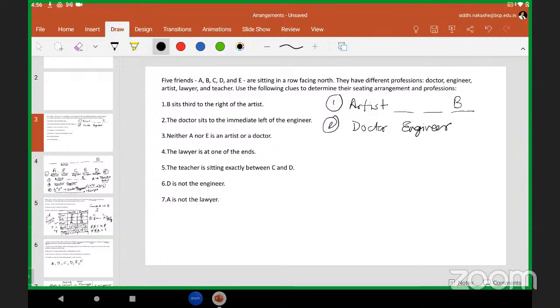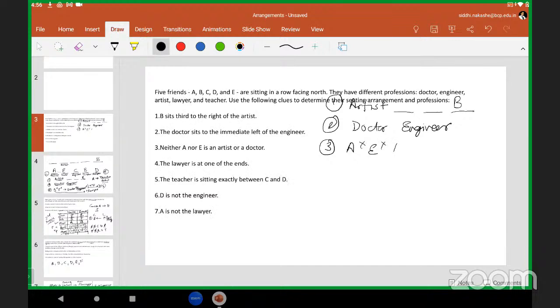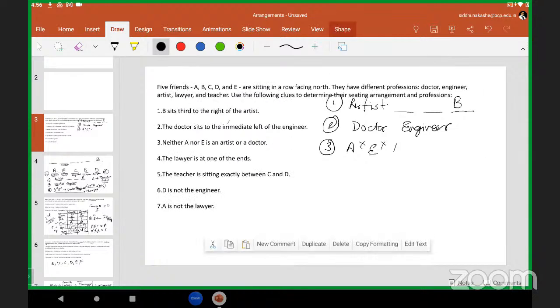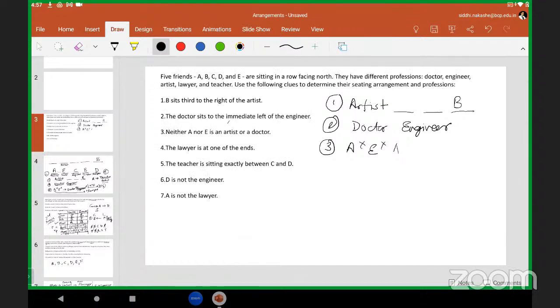Okay. And third condition is neither A nor E is artist. And let's start over here.